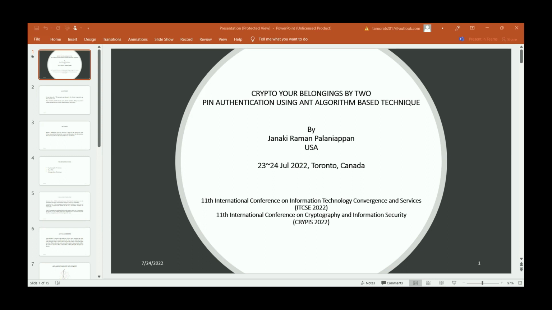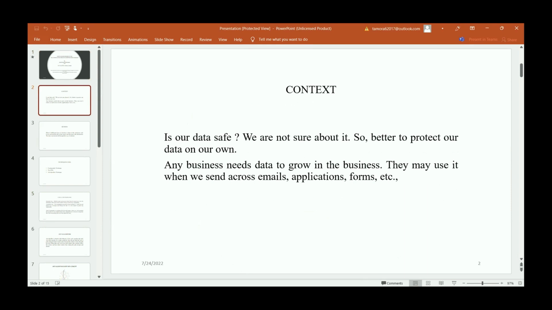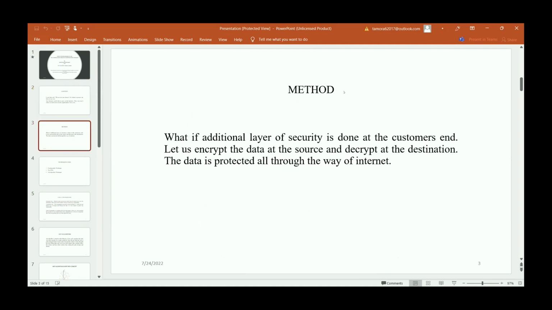I'm just showing my slides. This is the problem that I have explained. And this is the method: what if an additional layer of security is added?